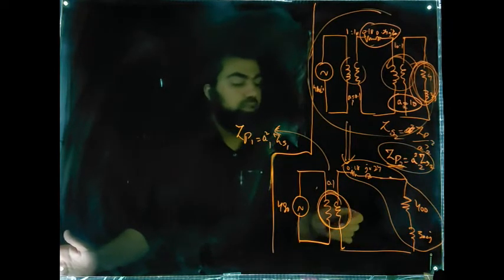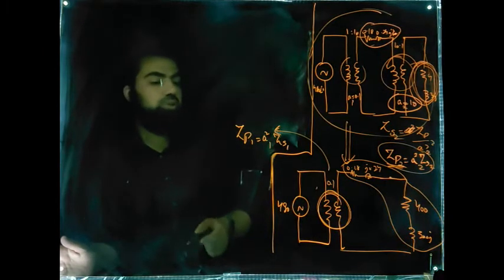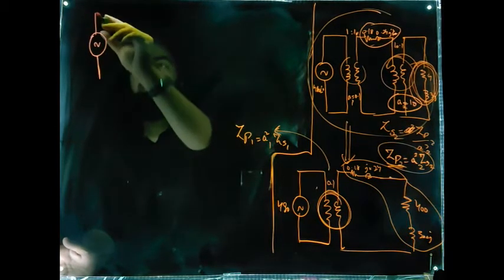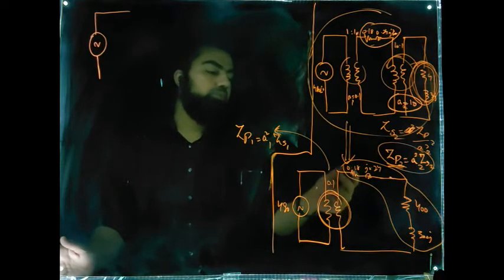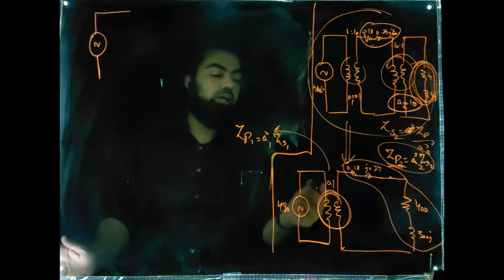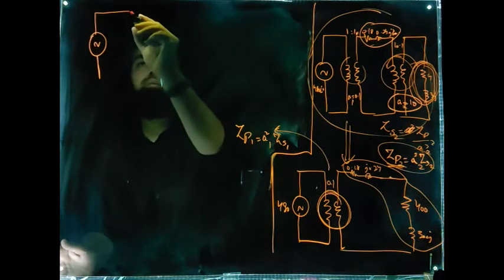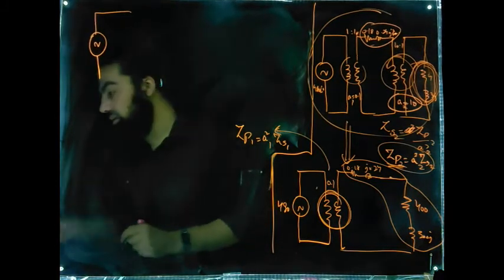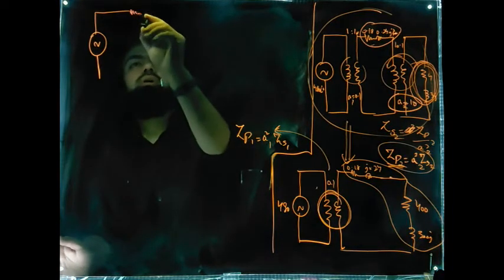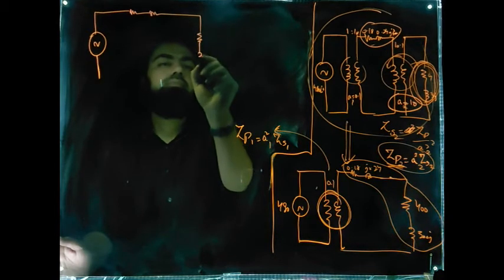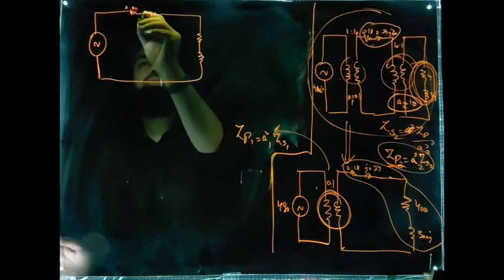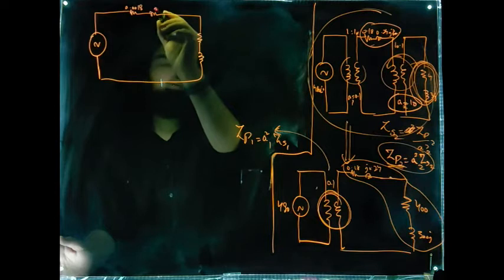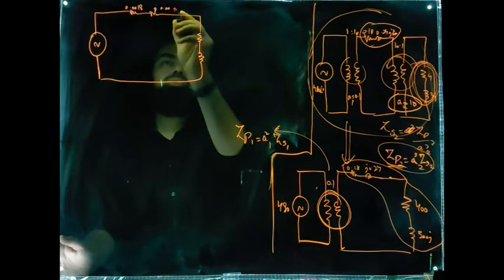Now Zs1, we already know what is Zs1, so when we transform it to Zp1, the circuit we will get is, multiply this resistance 0.18 into a square, for this case 0.1 square, so this becomes 0.18 into 0.01, which comes out to be equal to 0.0018, and this impedance will be equal to J 0.0024.